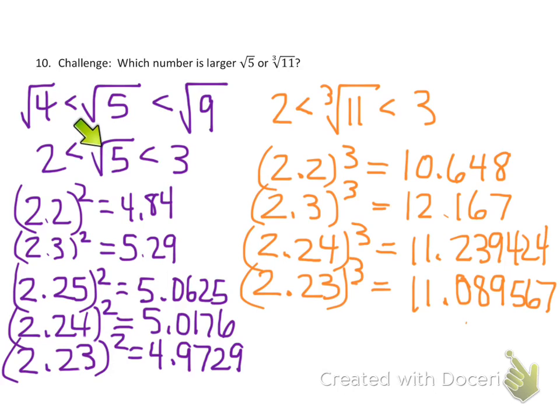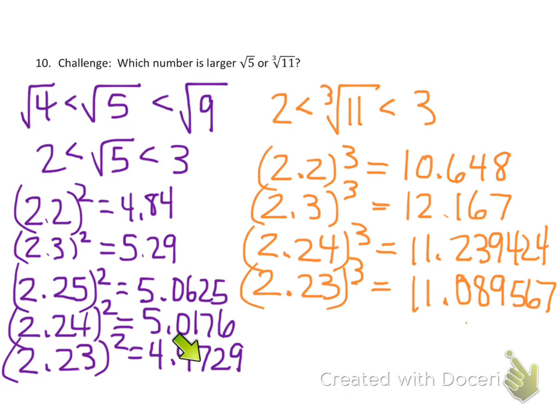So pause it if you haven't done that yet. So 5 is between 4.9729 and 5.0176, right? So the square root of 5 is between 2.23 and 2.24.